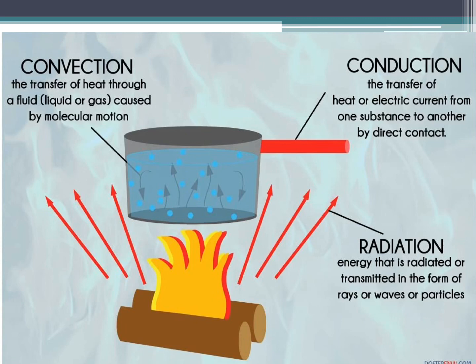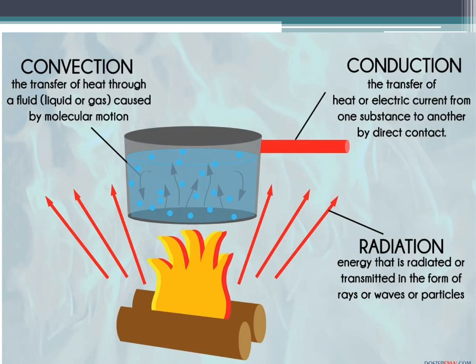Remember that objects with different temperatures have different average kinetic energies. So when the particles of these objects collide, the particles with higher kinetic energy transfer energy to those with lower kinetic energy.